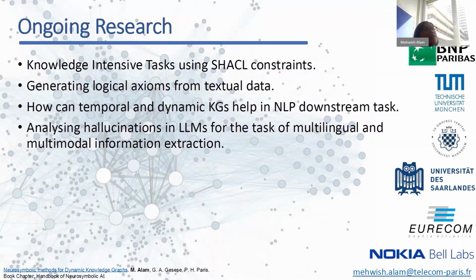And then we are trying to generate logical axioms from the textual data. This is another one which is going on, which is not really on knowledge graphs. That's why I said symbolic AI, because we are touching upon also tabular data and logical data, these kinds of things. Then one of the works that we are doing with Nokia Bell Labs is mostly on temporal hallucinations and dynamic knowledge graphs.